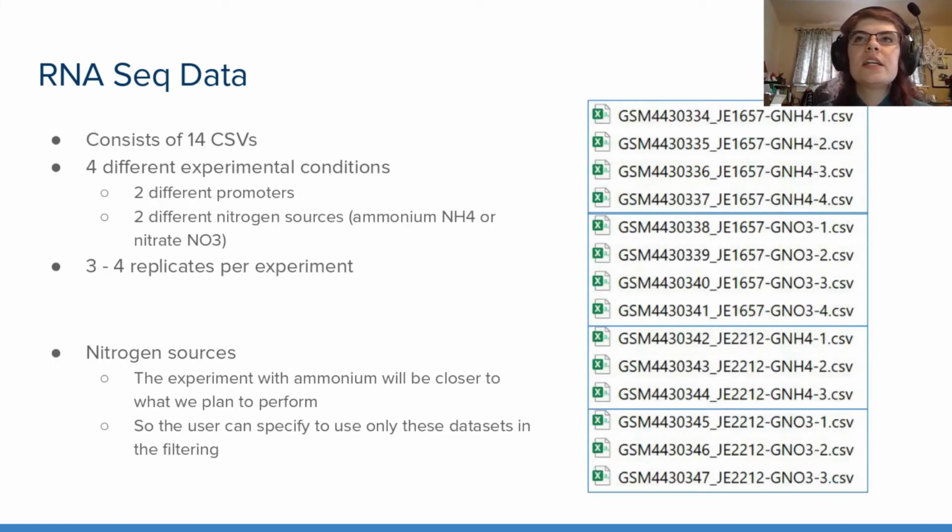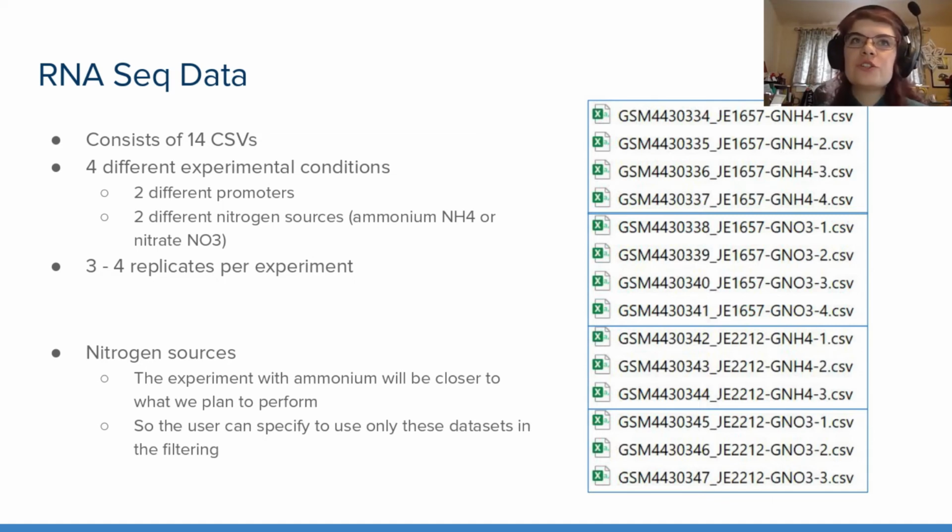So it consisted of 14 CSVs that had 4 different experimental conditions. Each of these boxes is a different experimental condition. So there were maybe not 2 different promoters, but two different of these guys, and then 2 different nitrogen sources and 3 to 4 replicates per experiment.